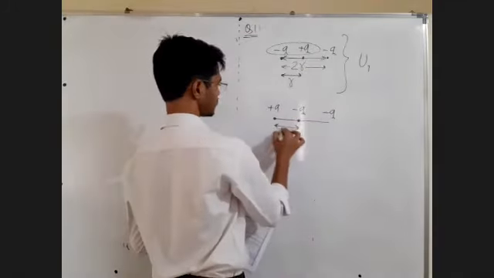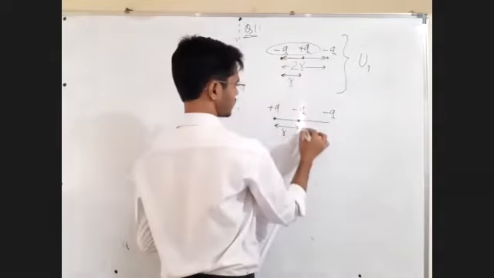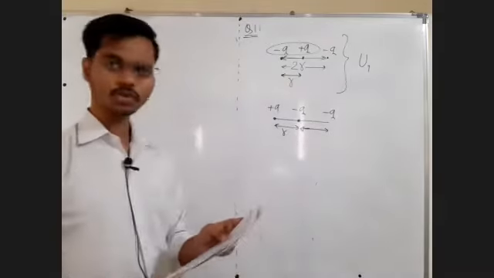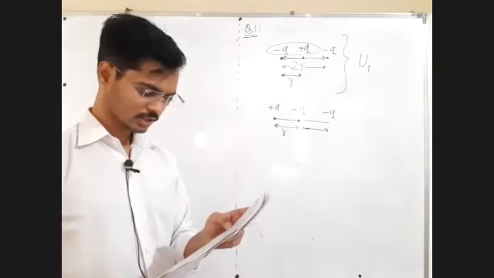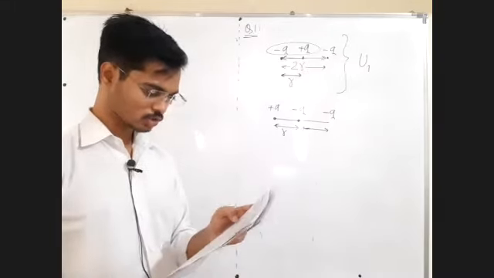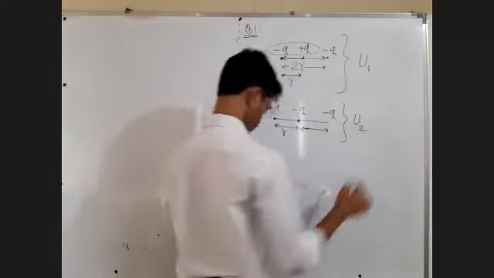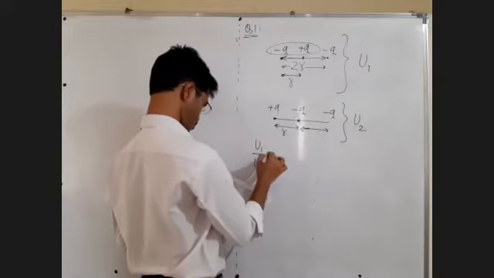Distances will still remain the same, but only the charge interchange has happened. Then the potential energy becomes U2. What is U1 upon U2?